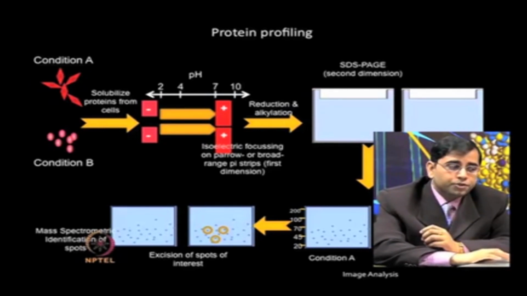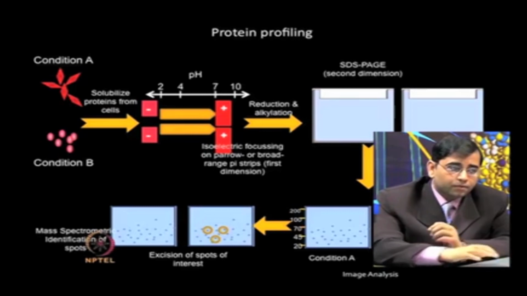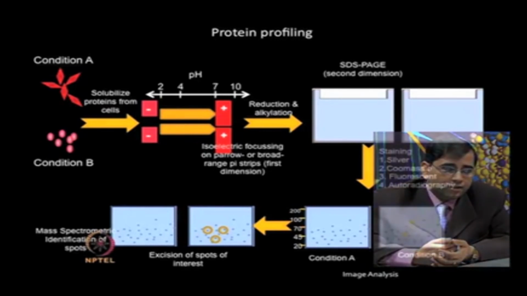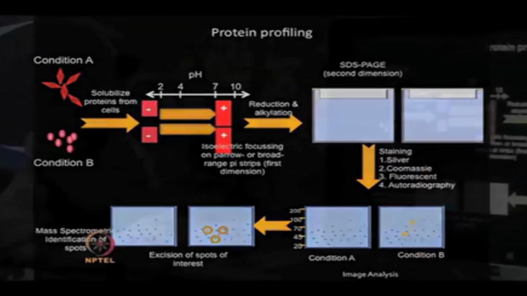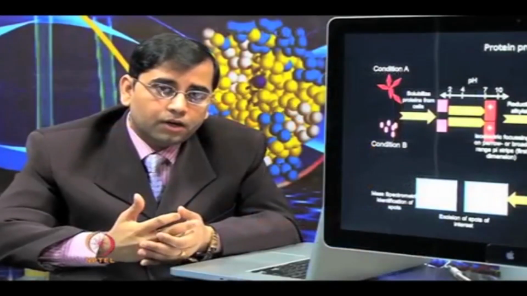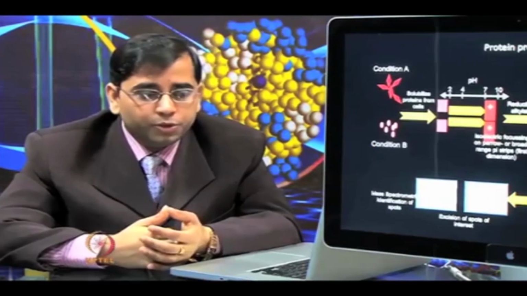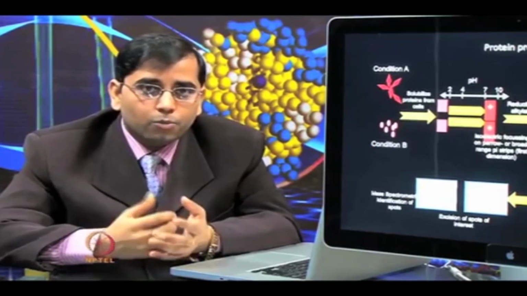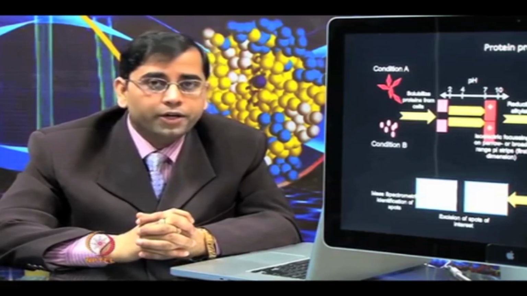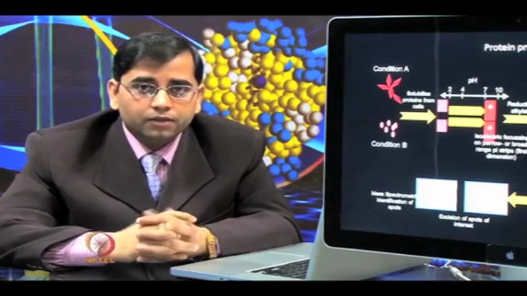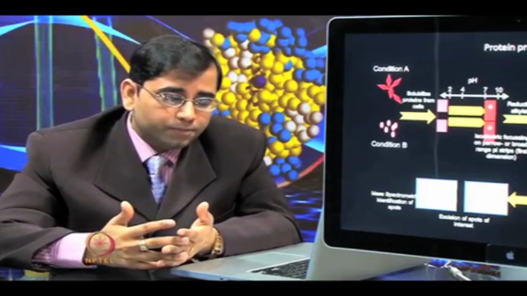After that, you need to reduce and alkylate your samples and then separate that in the SDS-PAGE based on the second dimension, molecular weight. Depending on your staining method being used, whether Coomassie brilliant blue or silver stain, different types of fluorescent stains or autoradiography, you can visualize the protein spots.